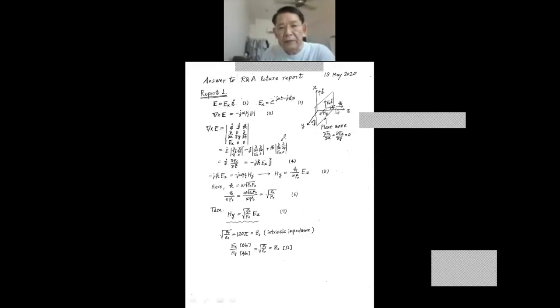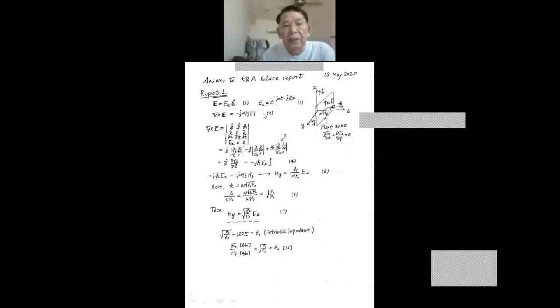This EX wave is propagating in the plus Z direction. So the EX is expressed by exponential j omega t minus jkz as equation 2. And by using equation 3, obtain H.